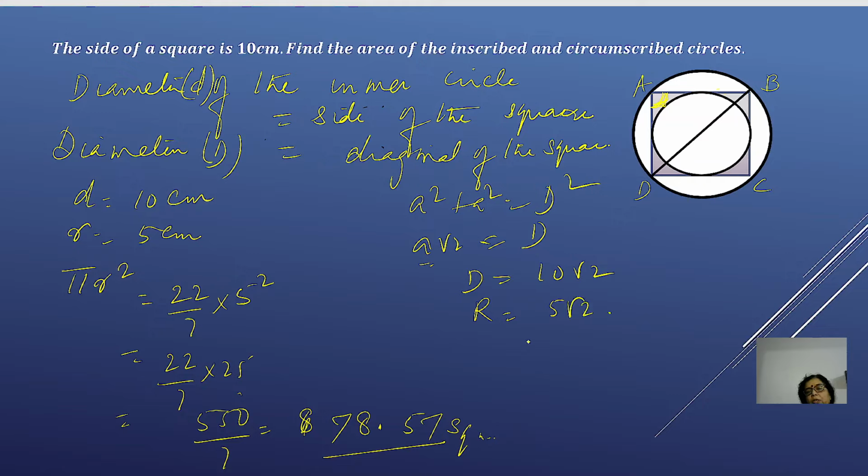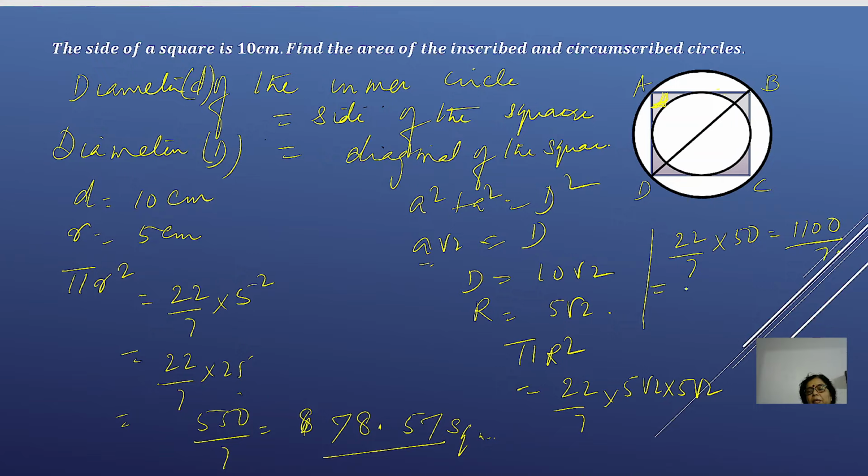So the area of the outer circle will be pi r square, which is equal to 22 by 7 into 5 root 2 into 5 root 2. So this becomes equal to 22 by 7 into 25 into 2, that is 50. So this becomes equal to 1100 by 7.